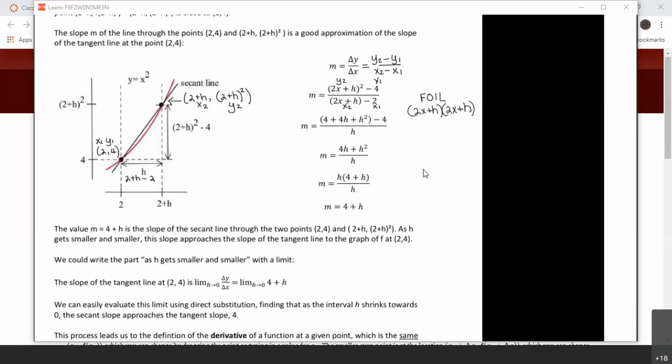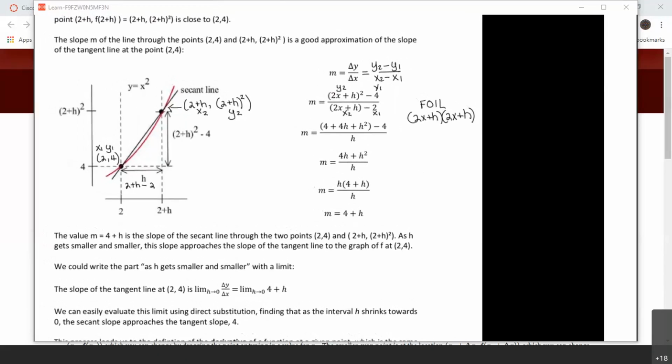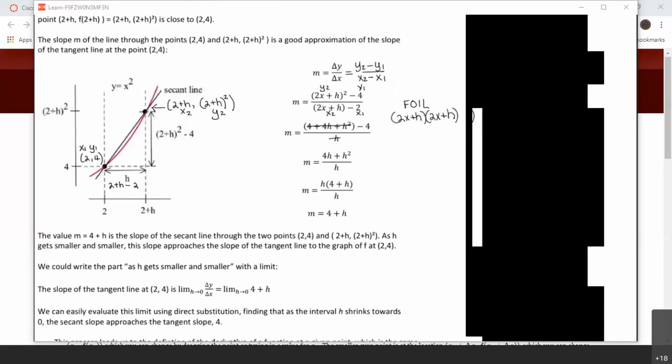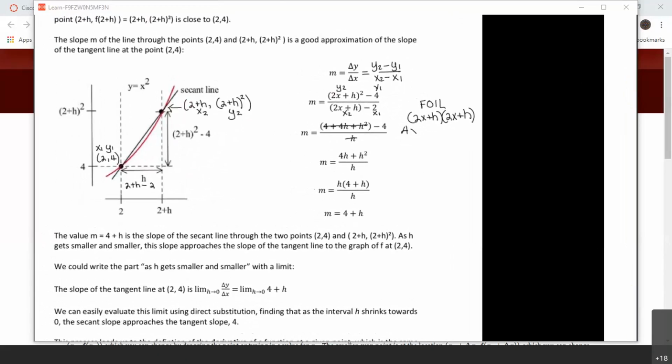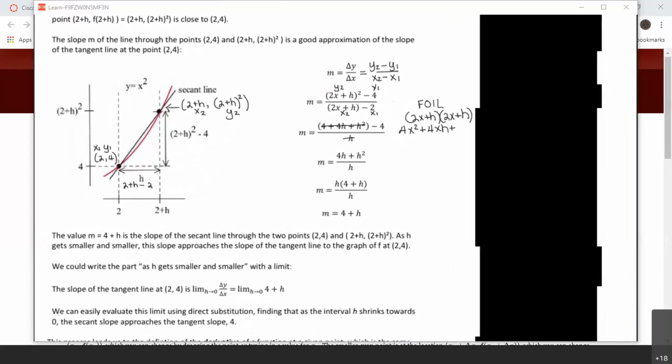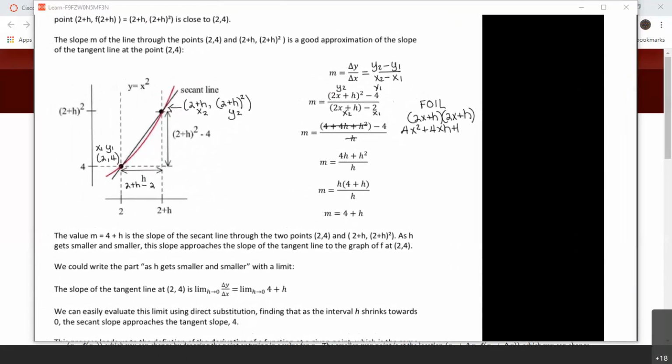We have a problem. Sorry. There's a problem with that. Let me just rewrite it. My bad. This is going to give me 4x squared. Then I have 2xh plus 2xh is 4xh. The x's dropped out in the example, so let me just do it up here. h squared, and I'll fix the notes, don't worry.